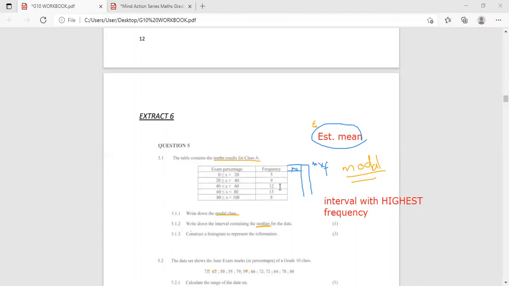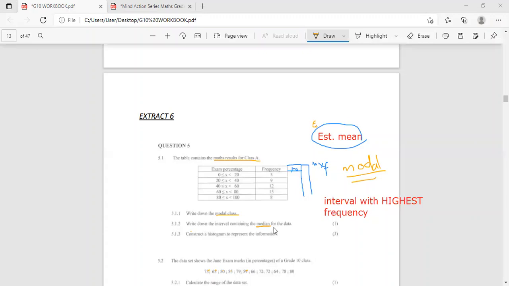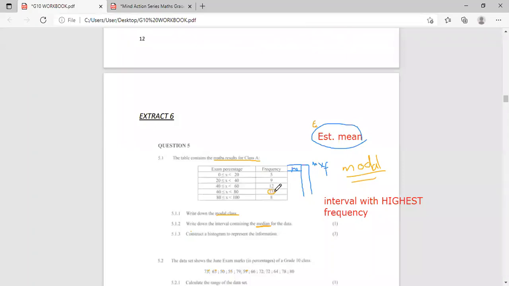So I check here for the interval with the highest frequency, right? The one that I'm going to get is this one here. The highest frequency is 15, and 15 is between this interval here. So that is where I'm going to get my modal class. And then they want the median also, right?